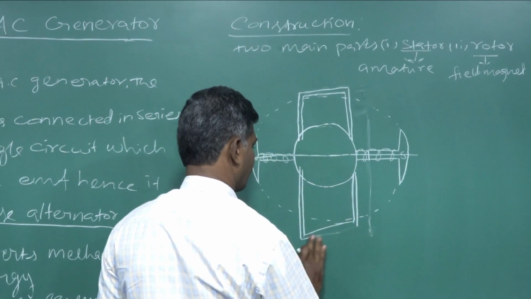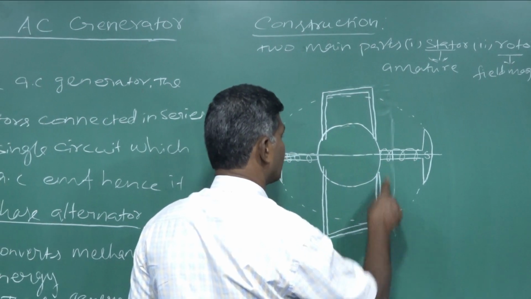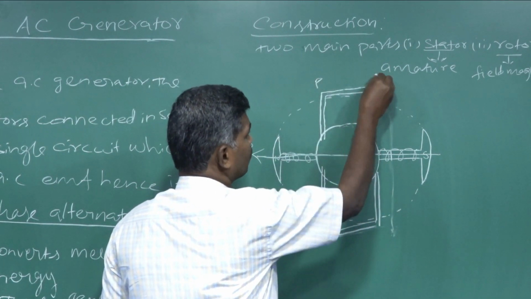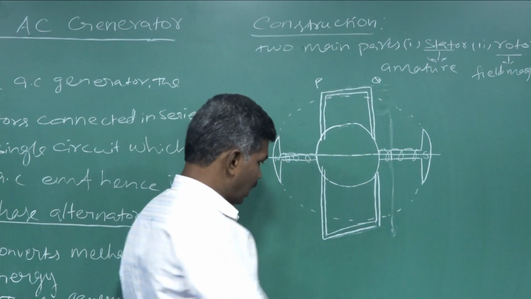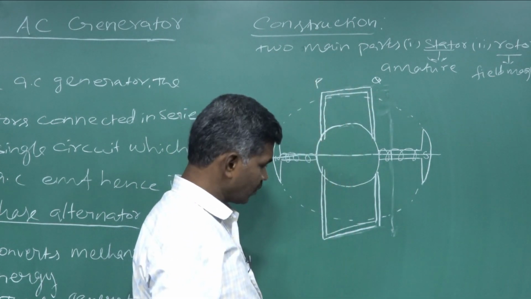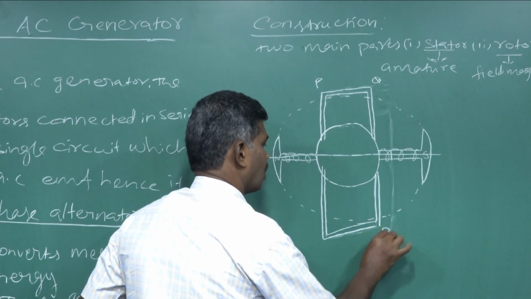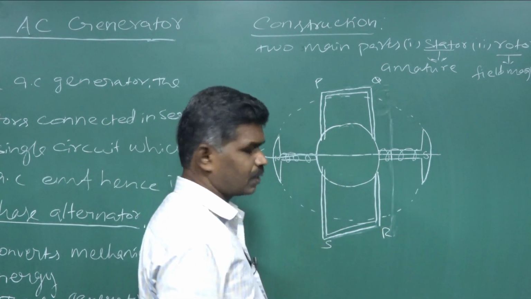This is taken: the upper conductor may be called PQ, which is in one slot. The lower conductor can be taken as RS, which is in another slot.